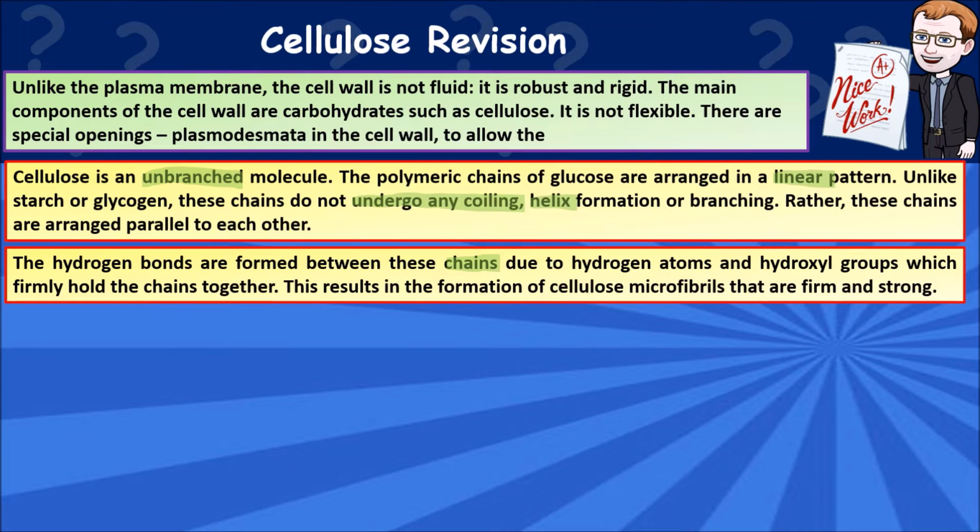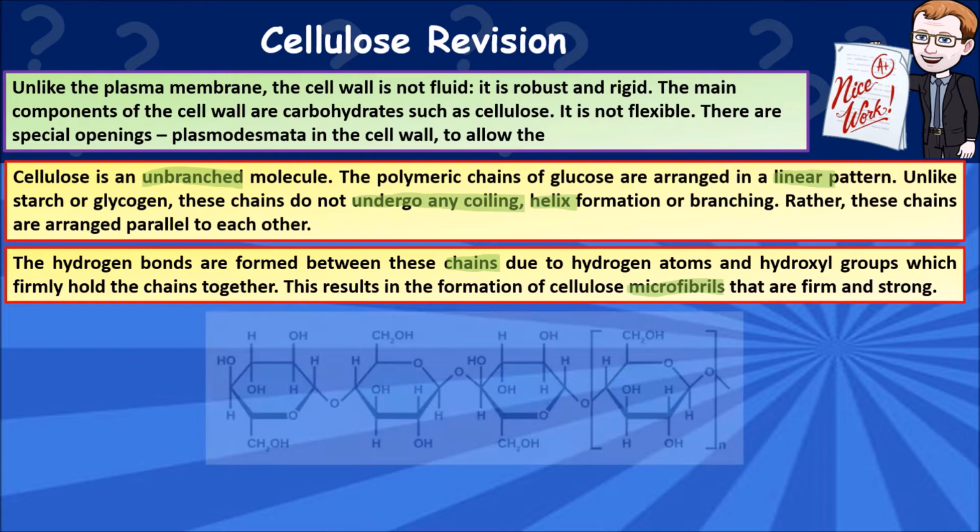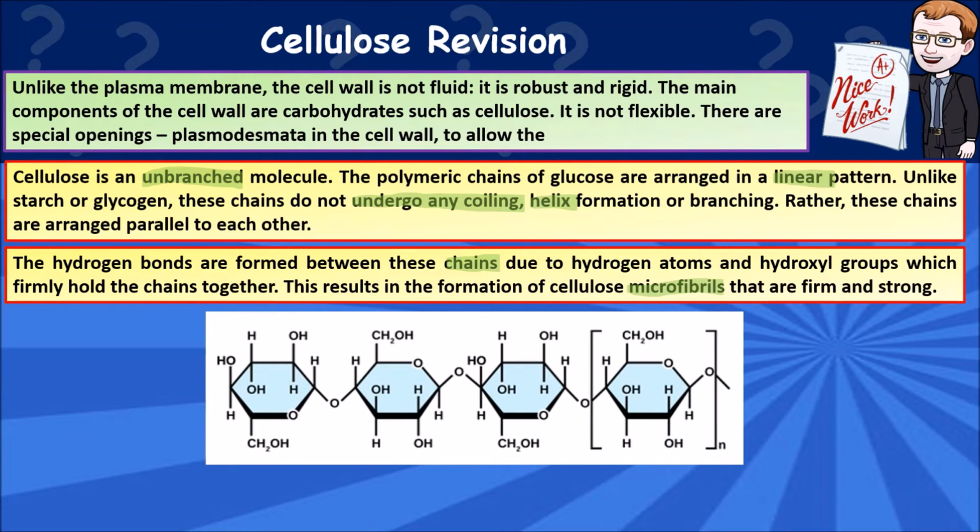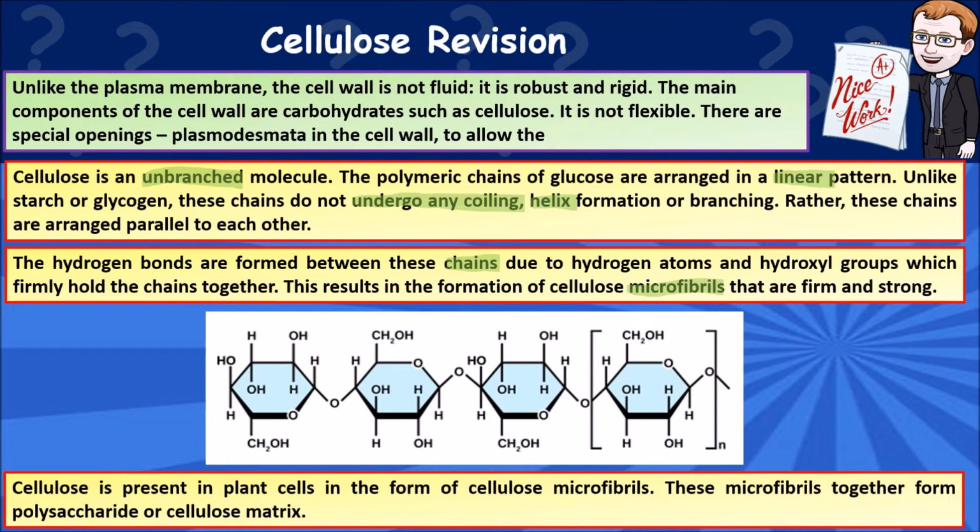Individual hydrogen bonds form between the microfibrils in cellulose. We can see there one cellulose molecule. Cellulose is present in plants, and it's what makes cell walls and so forth.